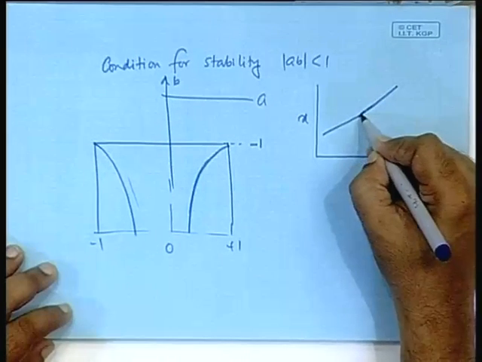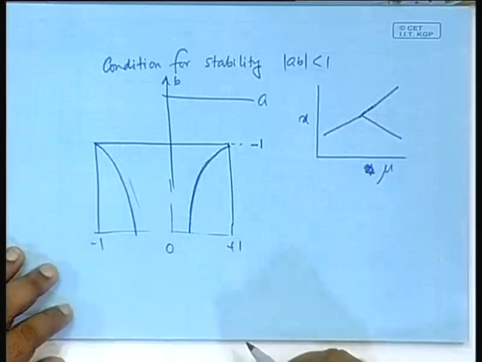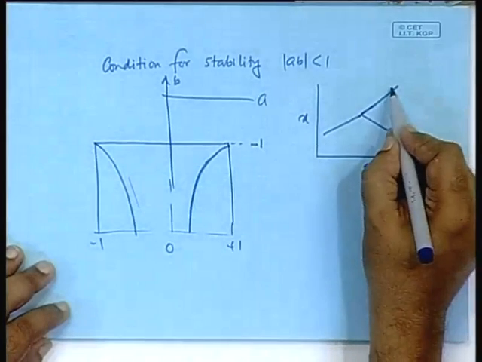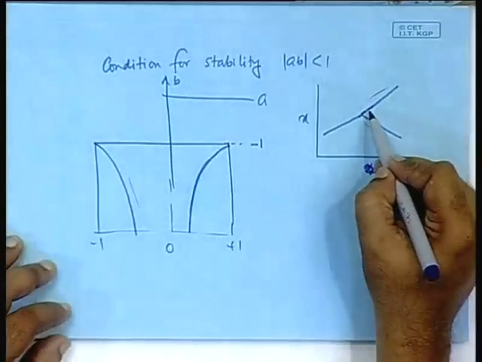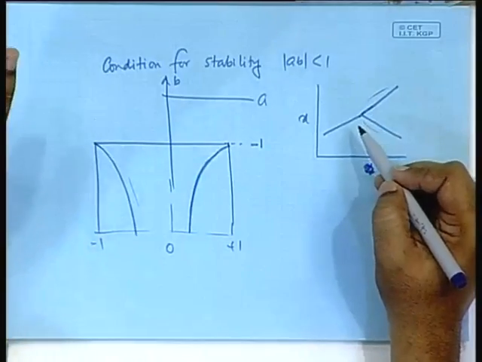It will be like this. It will not be the typical shape that you have seen. So, that is again a period doubling, but caused by a border collision.